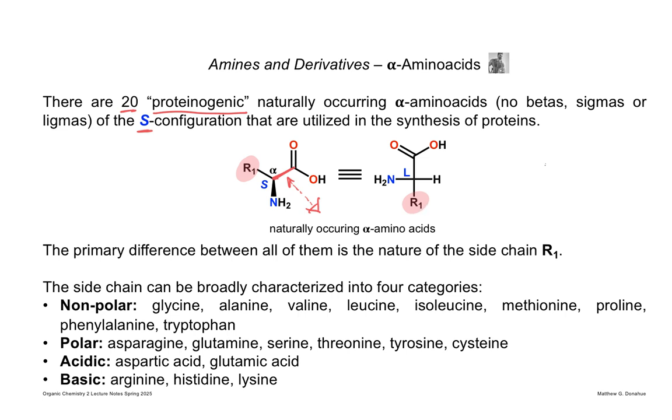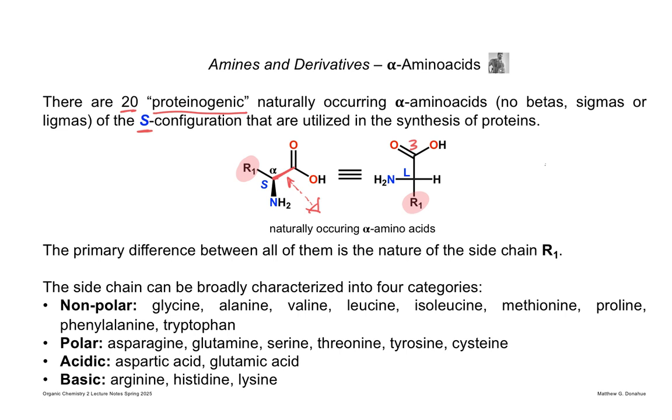In a Fischer projection, remember we talked about nomenclature, and the parent compound or the parent name always has the highest oxidized carbon. In a Fischer projection, the highest oxidized carbon is always shown on top. So you have this is the chain or the backbone that's vertical. The highest oxidized carbon's on top. And wherever there's a horizontal line, that indicates that carbon where they intersect is a stereocenter. So what does that mean?